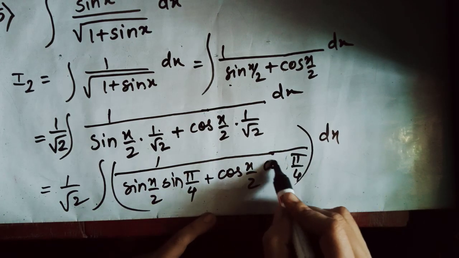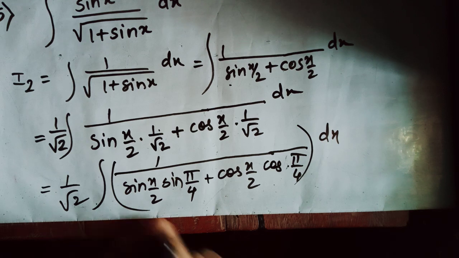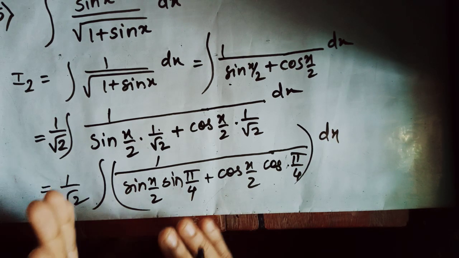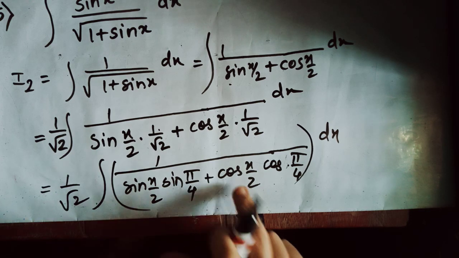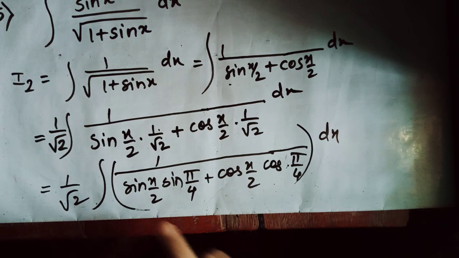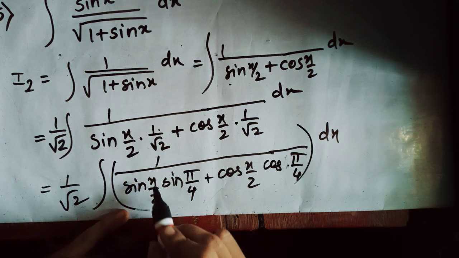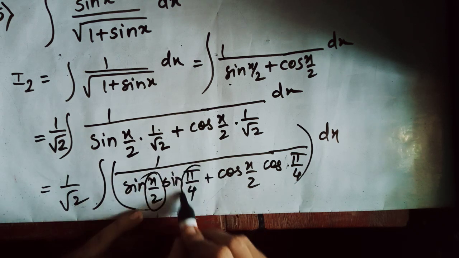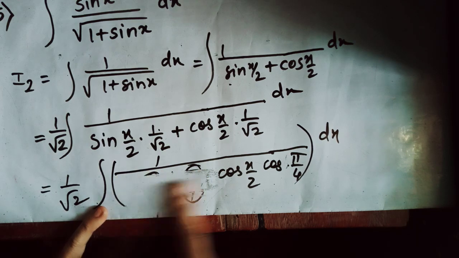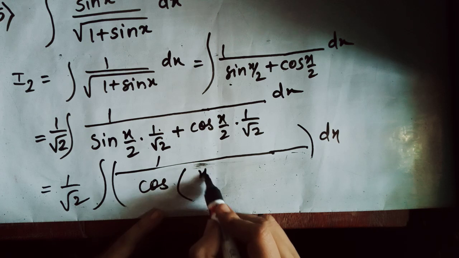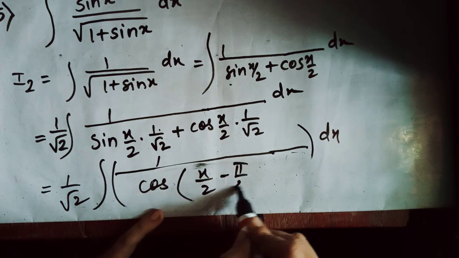And this I can write as cos pi by 4. So this becomes the cos a minus b formula: cos a into cos b plus sin a into sin b. Okay, so a is x by 2 and b is pi by 4. So I can write this as cos of x by 2 minus pi by 4.